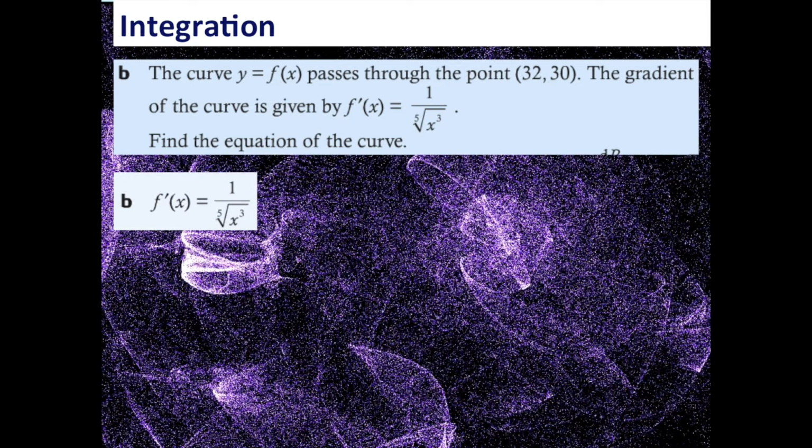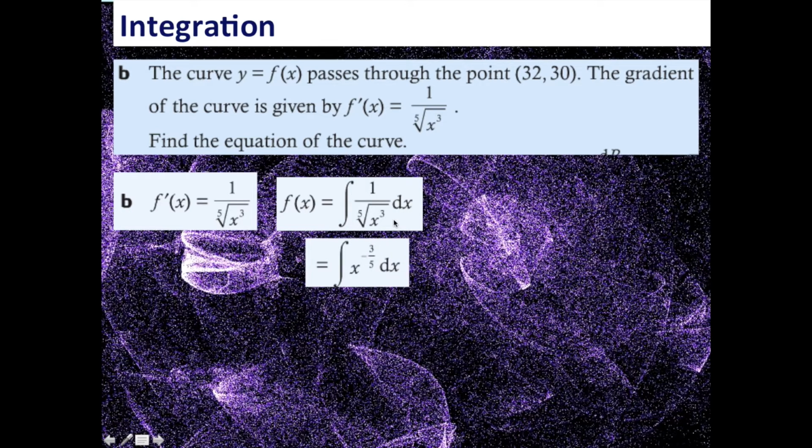For part B, we're given that the function passes through this particular point, and we're given the gradient of the curve is this. So obviously the gradient is the rate of change of y with respect to x, so if we integrate this we can find the equation of the curve. So if this is in effect the derivative, we want to work backwards, find the antiderivative, which we can do by integrating this function.